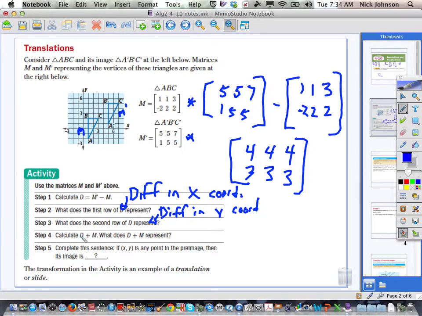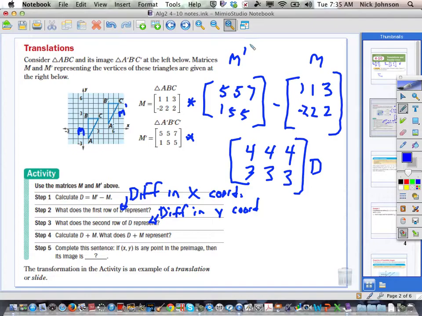Sorry, this is step 2, this is step 3. Step 4 says calculate D plus M. What does D plus M represent? Well, this was D, and this was M. So if I add these together, 4 plus 1 is 5. It gives me M prime, right?